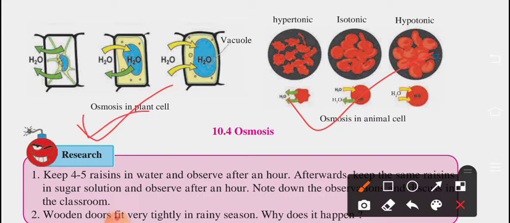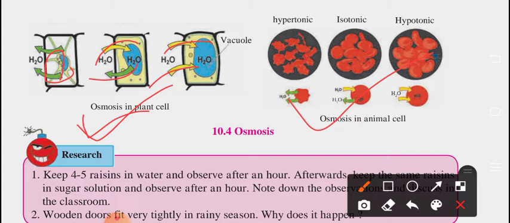Now you can observe here, this is the cell structure, and H2O is coming outside. Here H2O is going and coming outside. Here H2O is going inside. Okay, so these are the three stages. Next is hypertonic, isotonic and hypotonic.